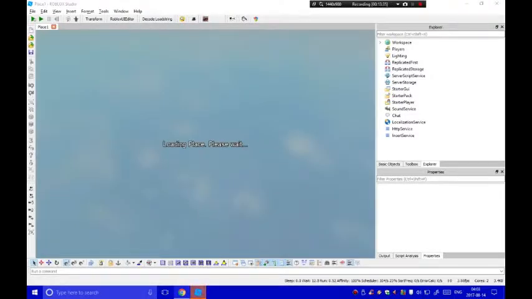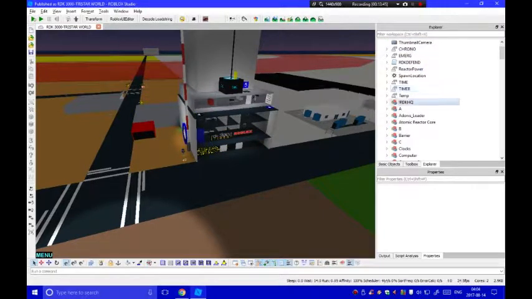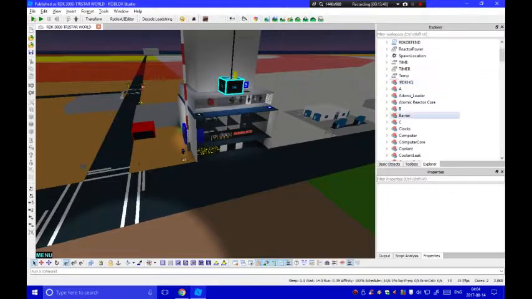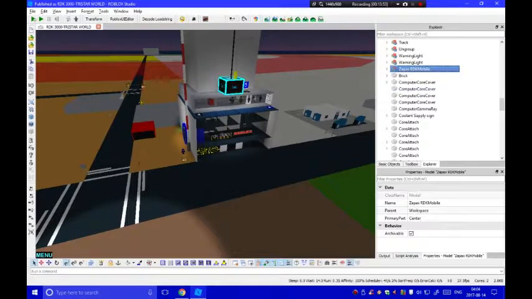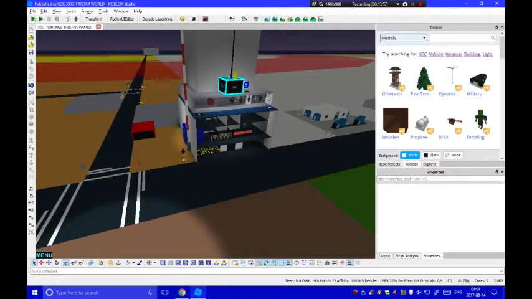Okay, price uploaded. Move this car. Update the car.